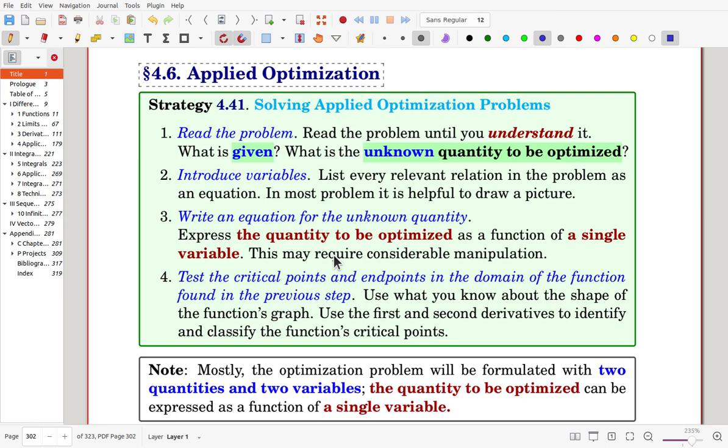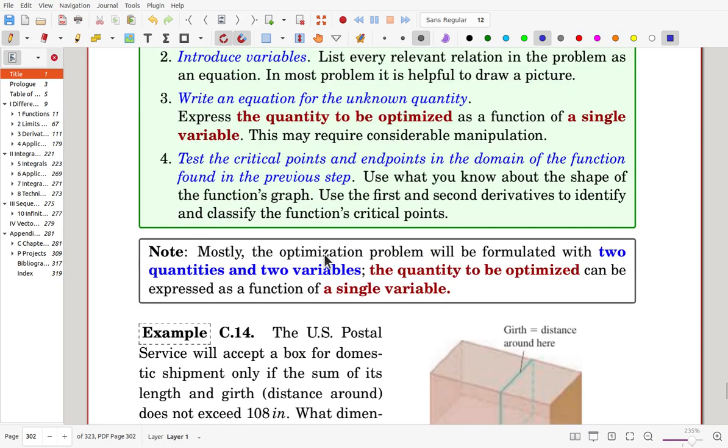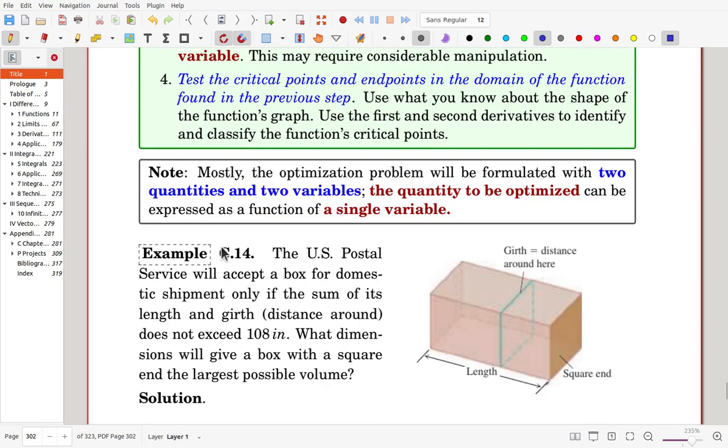And you have to introduce variables, and you have to express the quantity to be optimized as a function of a single variable. And by using derivative technique, you can find the optimal value. And mostly at your level, the optimization problem will be given with 2 quantities and 2 variables.